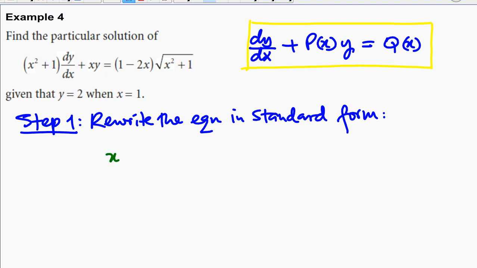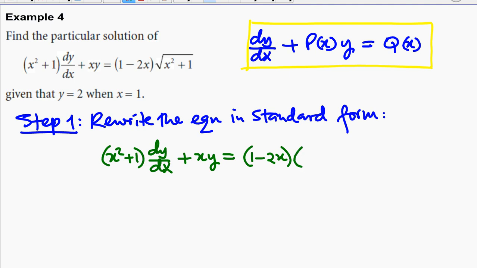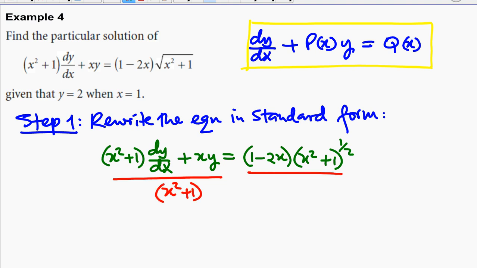So I'm just going to rewrite this to power a half. Doesn't really matter, whatever you have. And then I'll divide both sides by x squared plus 1.